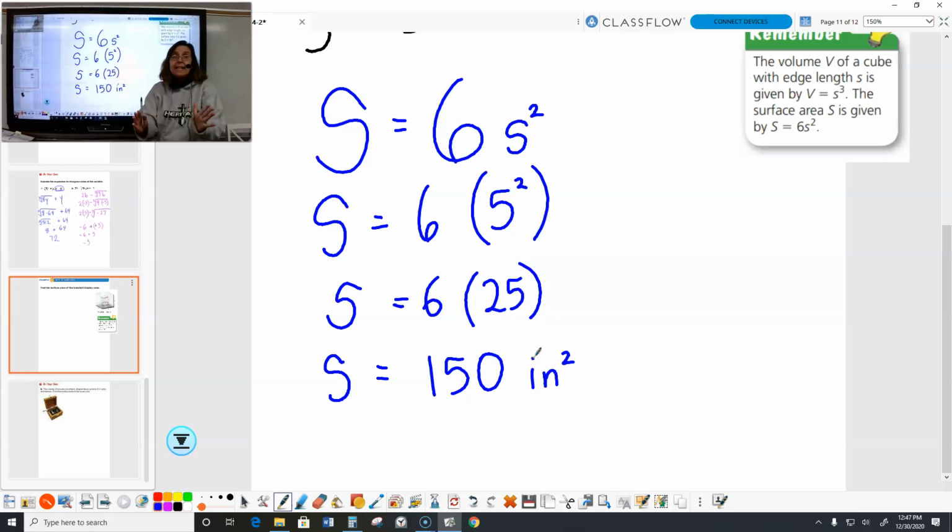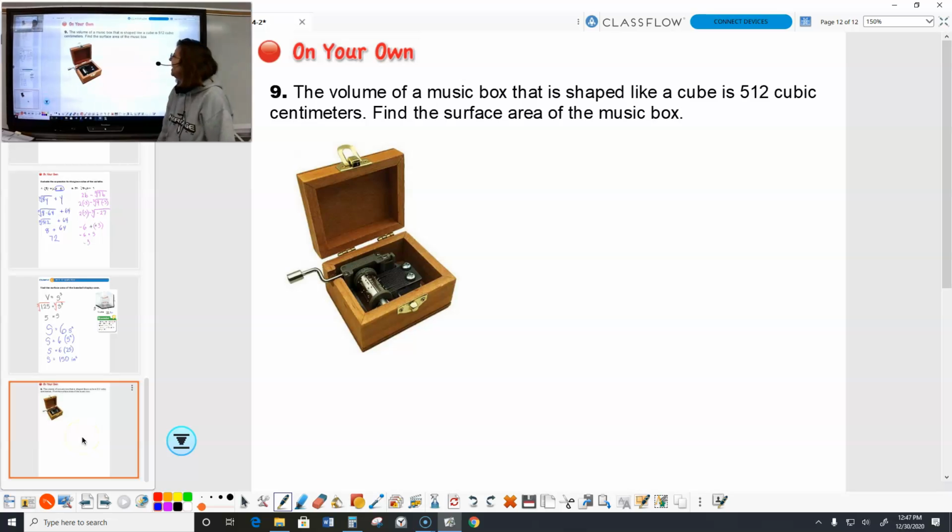All right, let's try another one. The volume of a music box that is shaped like a cube is 512 cubic centimeters. Find the surface area of the music box. Okay, so if we closed this music box, it would be shaped like a cube. The volume of that cube is 512.